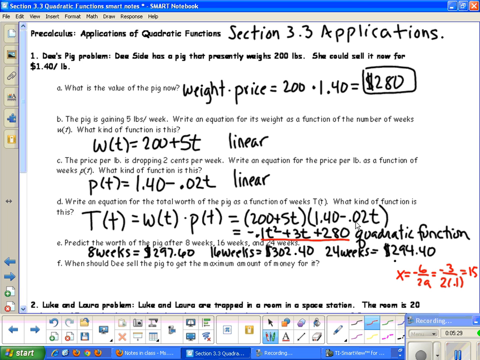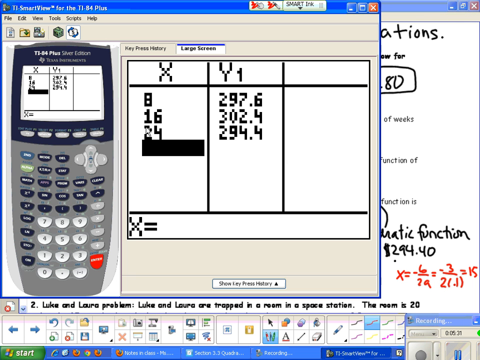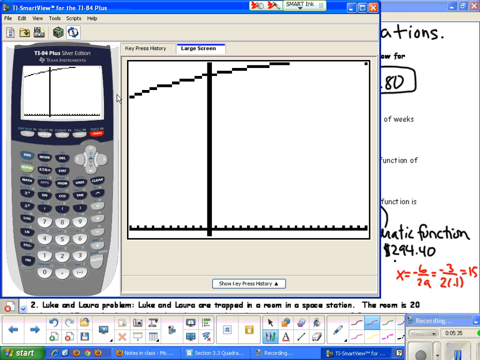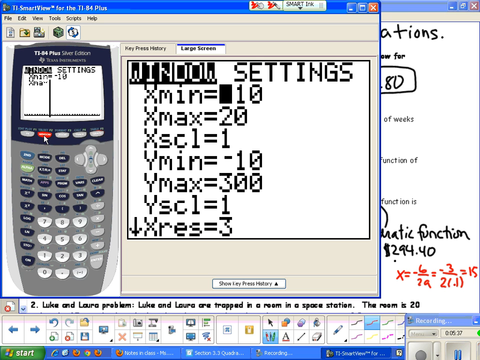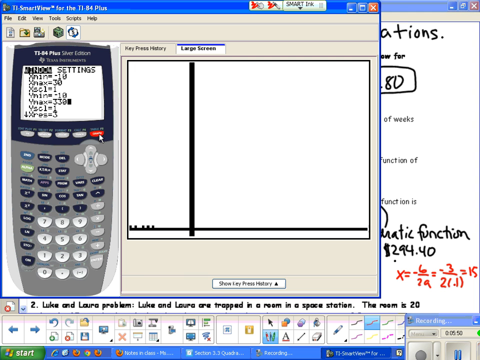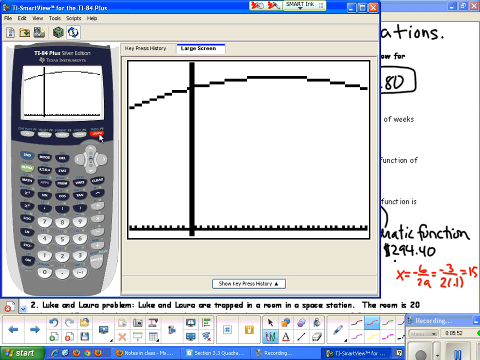Or you can go to your graph. If I look at the graph right now, it's not going to be a good graph because I'm not looking at a very good window. So I'm going to change my window. Now that I have my graph, I want to find the maximum.